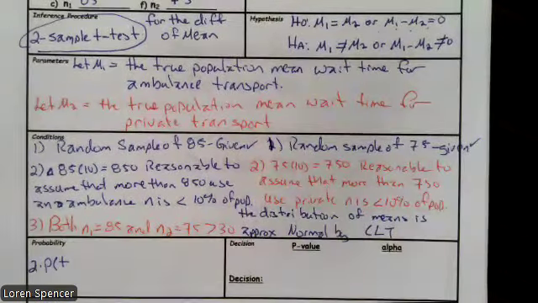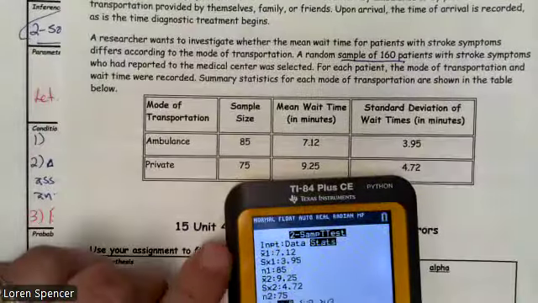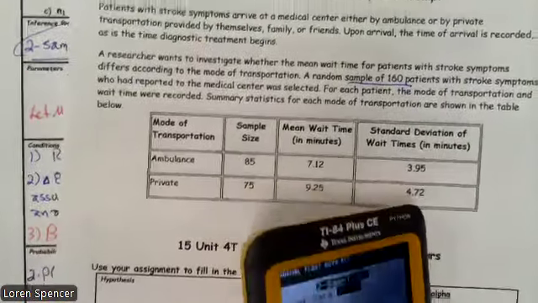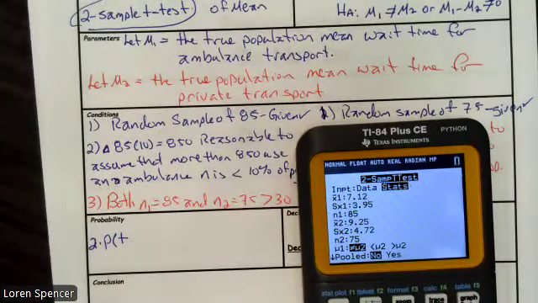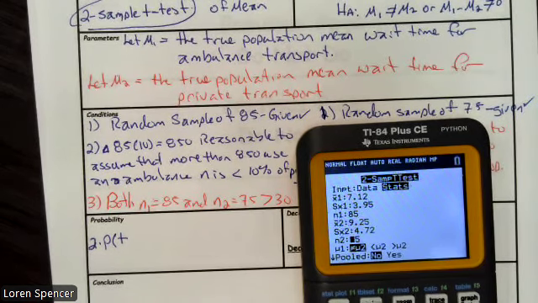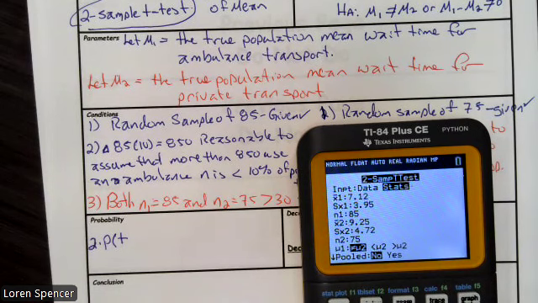And I've already input the table information into the calculator. That's also the information I wrote up here. All right, so 2 sample t-test, and I have that information. I'm going to go ahead and, oh, and by the way, we never pool. Make sure not equal is highlighted, and I'll show you why in just a moment.